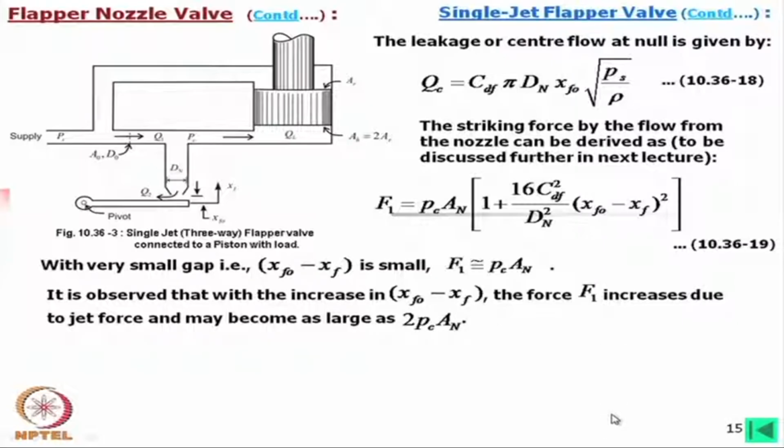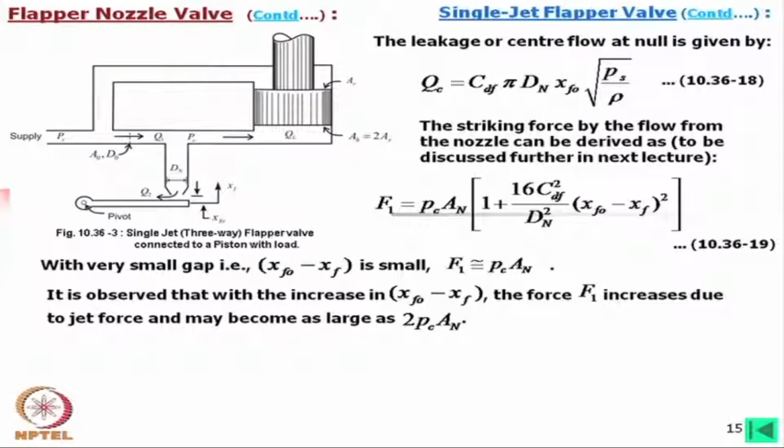In other words, the flapper valves are designed in such a way that with a small gap F1 is equal to this, and with the maximum gap, with the maximum increase, this force becomes double.